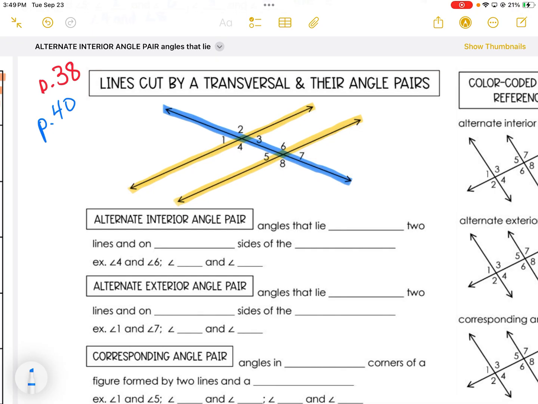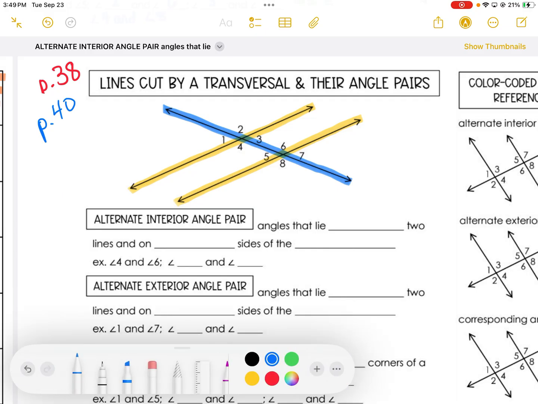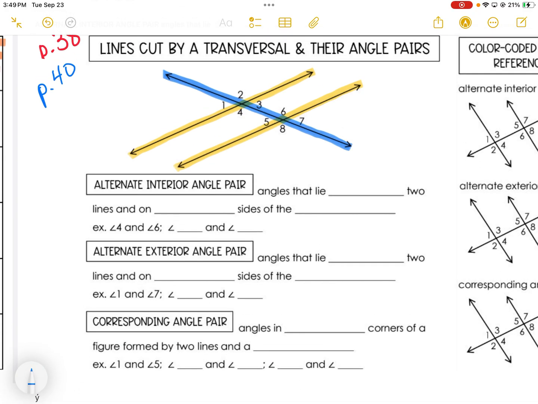All right, let's go through and review this vocabulary that you've seen before, but you will need to know all of this and how to apply it. The first one is alternate interior angle pairs. Interior means angles that lie between or inside two lines, and in this case they are parallel lines.